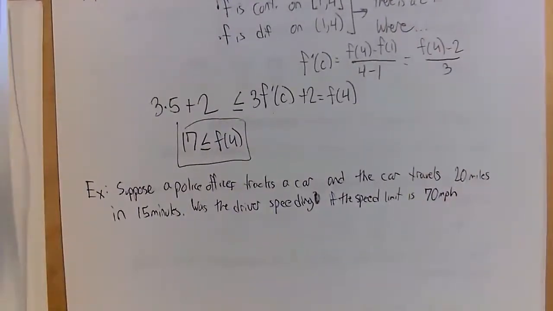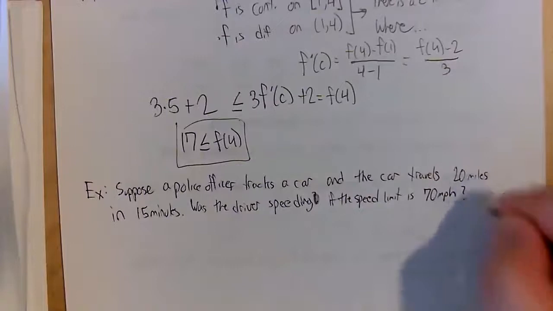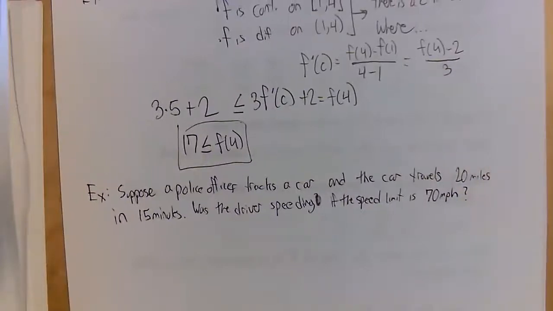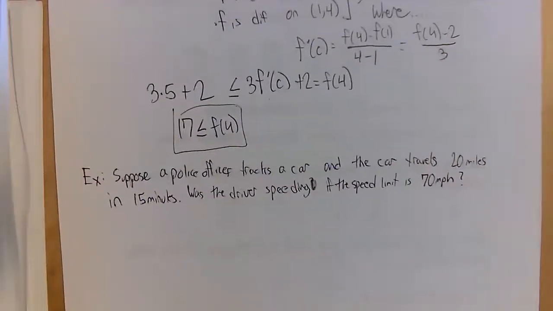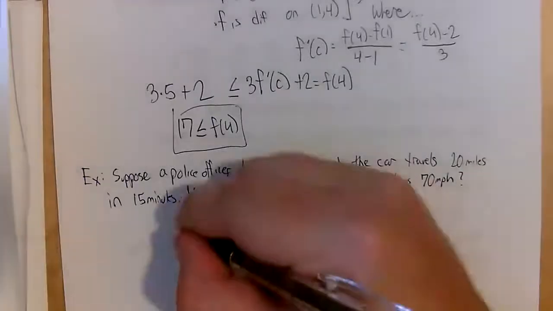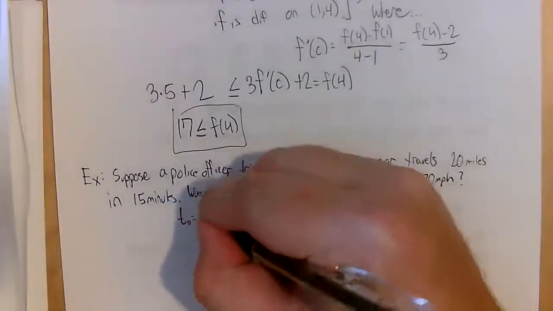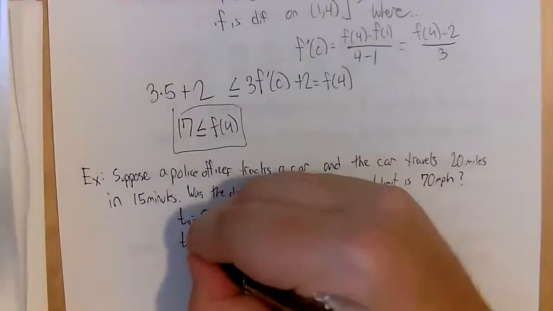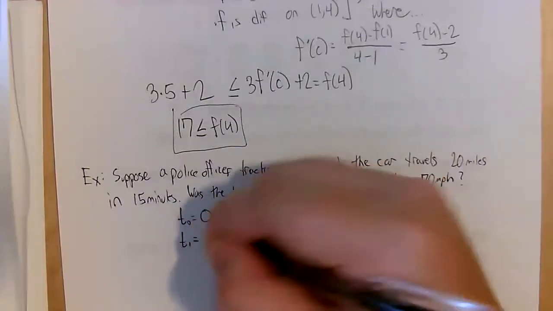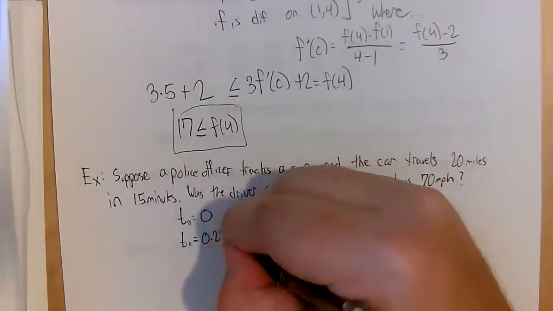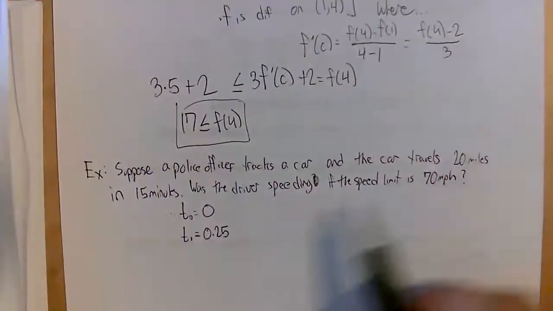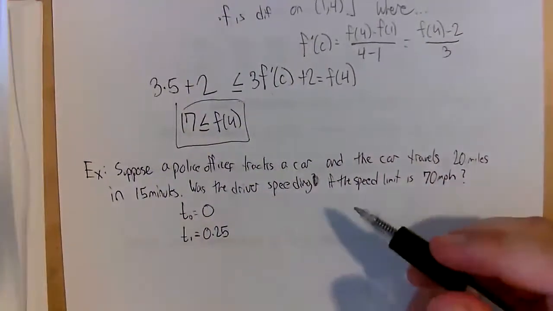All right, well, actually the mean value theorem, believe it or not, can tell us whether or not this driver is speeding here. So what we're going to do is we're going to have our initial time be 0, and then our final time, t1, will be 0.25 hours, because that's how long 15 minutes is.